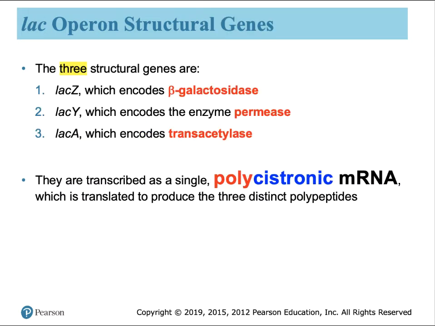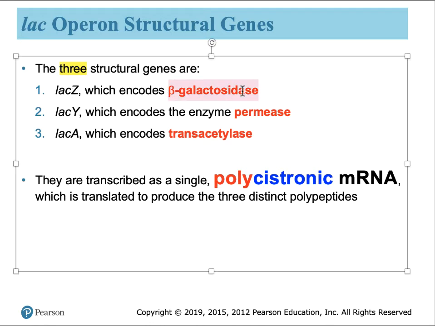The right-hand side of this region of DNA holds these three structural genes, and they encode the enzymes beta-galactosidase, permease, and transacetylase. The lacZ gene produces the first enzyme, the lacY gene produces the next enzyme, and the lacA gene produces the last enzyme.